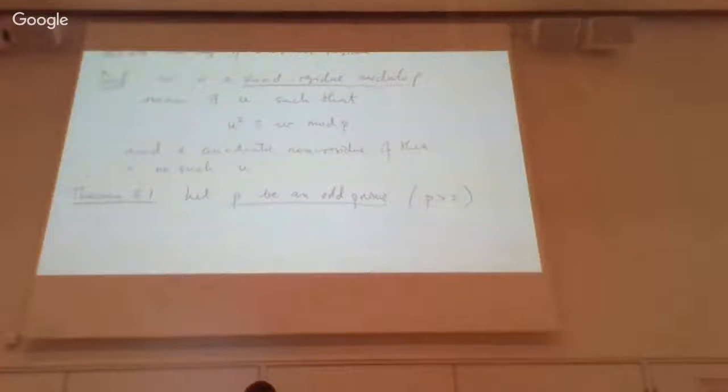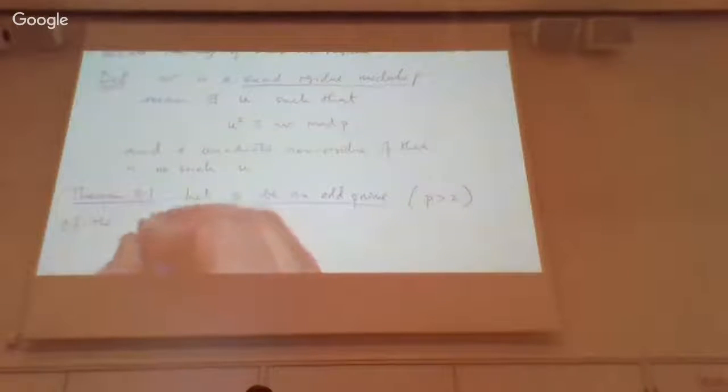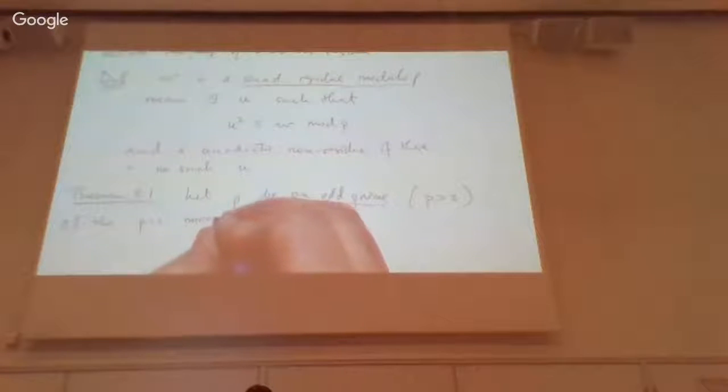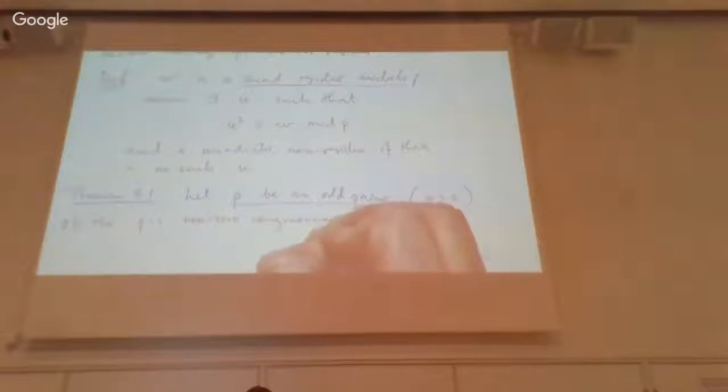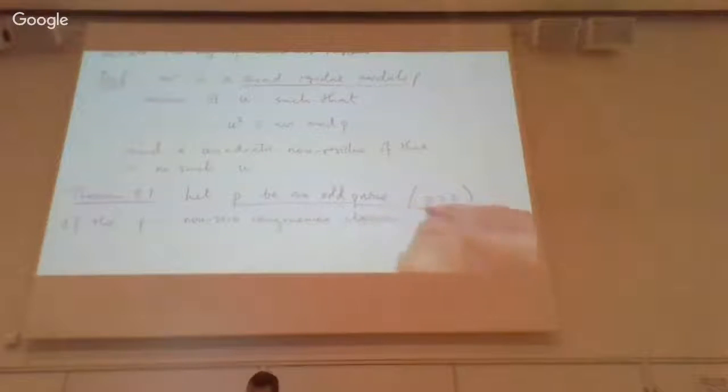So this theorem is going to say, of the p minus 1 non-zero congruence classes, these are the things that we investigate under multiplication modulo p. 0 isn't that interesting to investigate, so it just kills everything under multiplication.